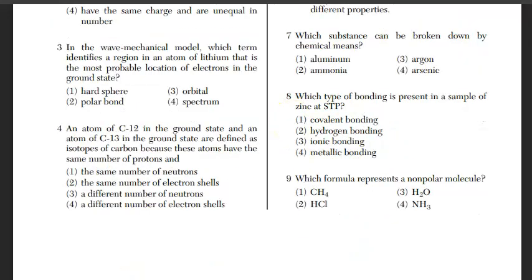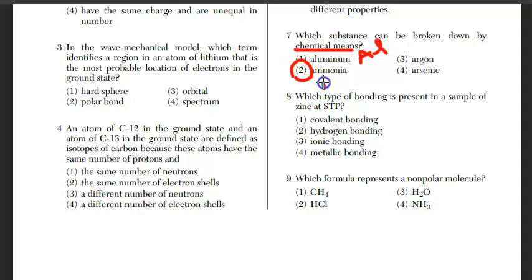Checking out question 7, which substance can be broken down by chemical means? And look at the choices. I have aluminum, which is an element. If I break aluminum apart, it's not aluminum anymore. Ammonia, well, that's my answer because part of the properties of a compound is that I can break them apart.